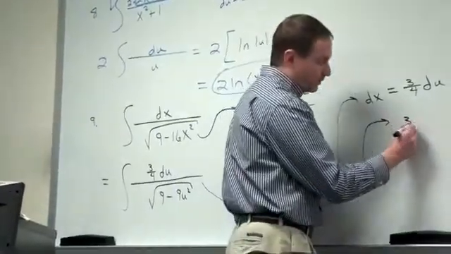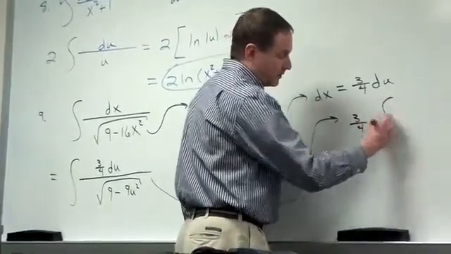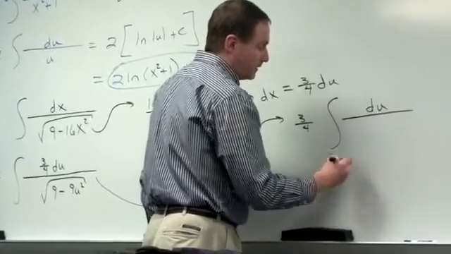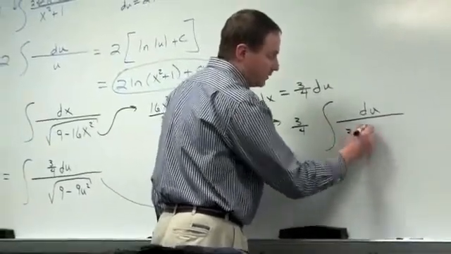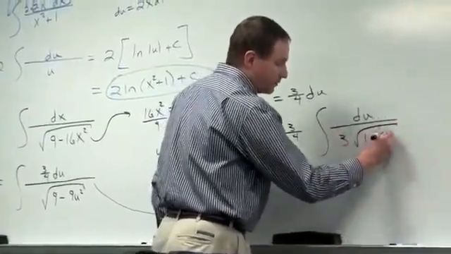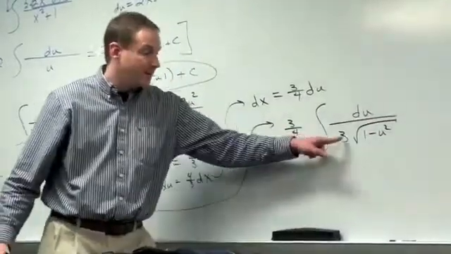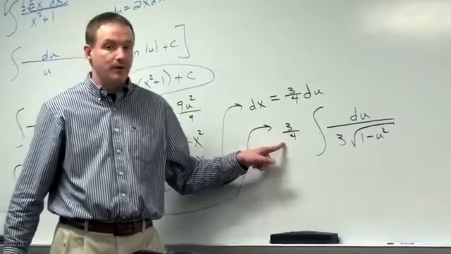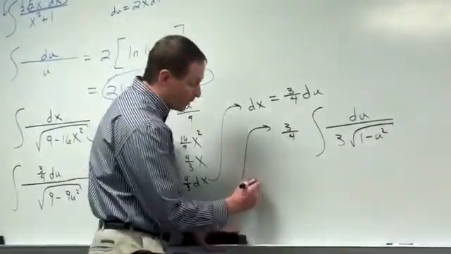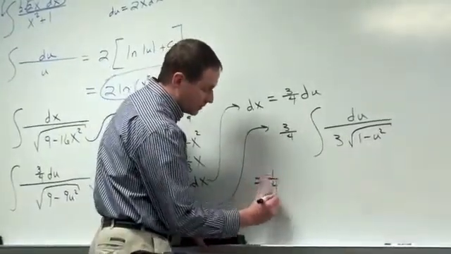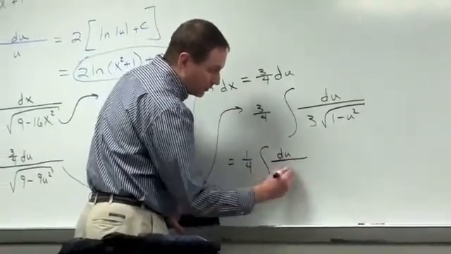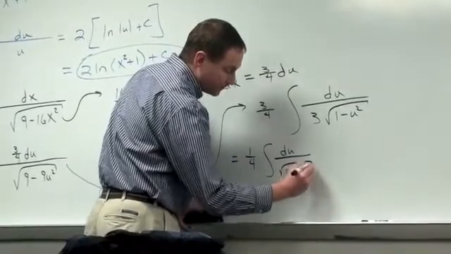I would have 3/4 out front, my du on the inside, and then I have a 3 on the square root of 1 minus u squared. This 3 gets brought out front, divides what's currently there, so I'll get a 1/4 the integral du over the square root of 1 minus u squared.